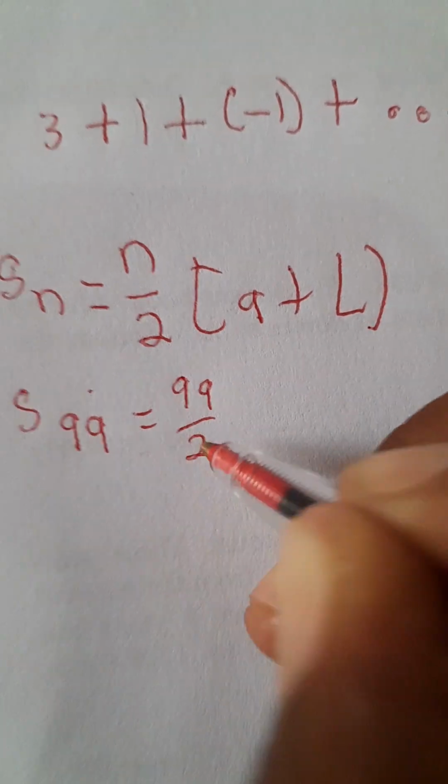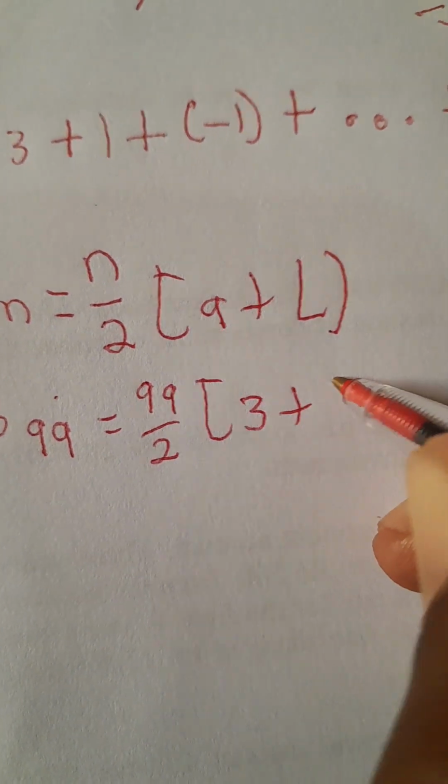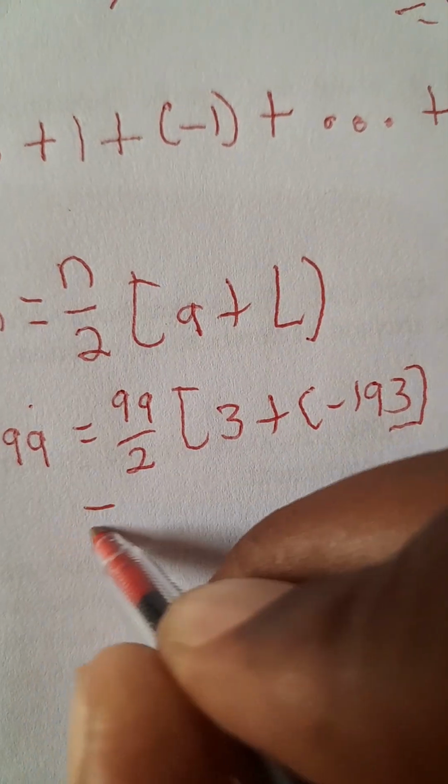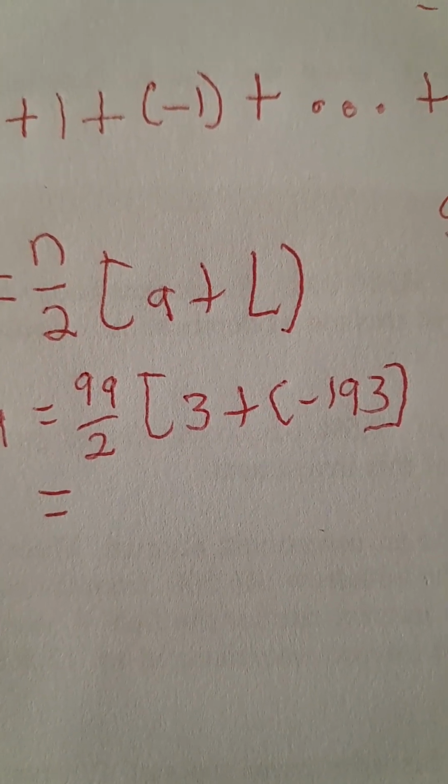99 divided by 2. What is our a? First term, it's 3. Then the last term, we know that's negative 193. So, all right, 99 divided by 2. To make things easier, let's just punch this in a calculator so that we find the final answer.